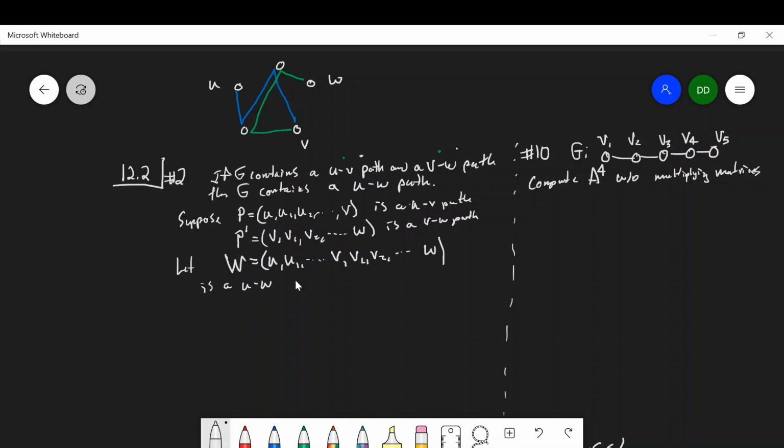It might be a path, but for sure we can say it's a walk. And we use that theorem that if we have a UW walk, we have a UW path. Hence, there exists a UW path by that theorem.